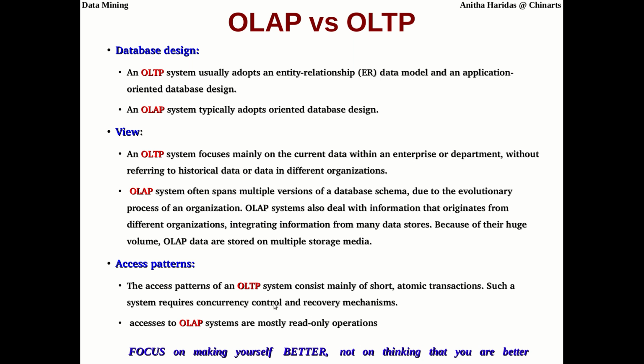So you need concurrency control. For example, take IRCTC, the train ticket booking. Booking the train tickets for each and every passenger becomes a transaction, right? So when one passenger is booking a ticket, obviously the data needs to be updated.